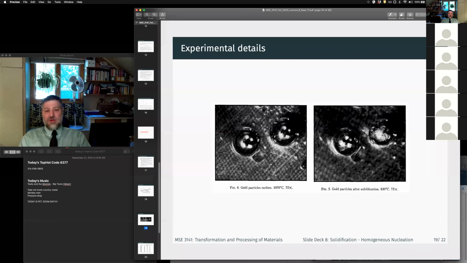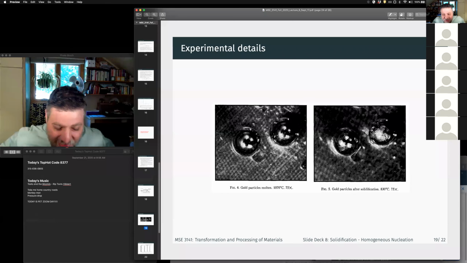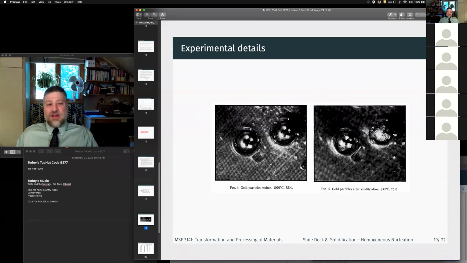So we really don't know what the physical size of these are unless we manage to get a paper copy of the journal. But anyway, these are small, right? Obviously larger than the diffraction limit for light, but still very small droplets, much smaller than a millimeter.